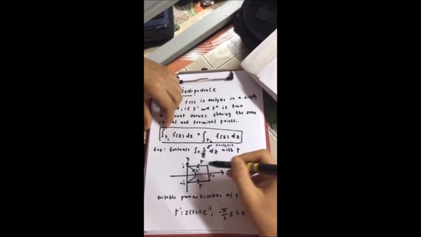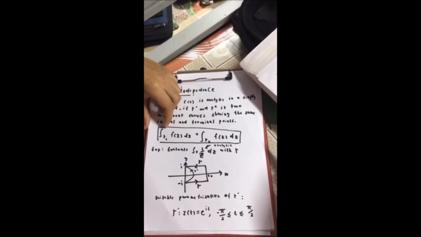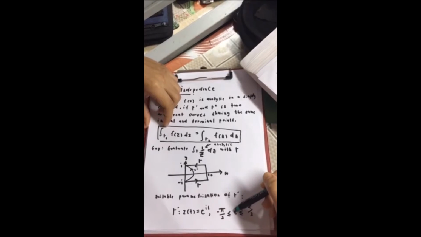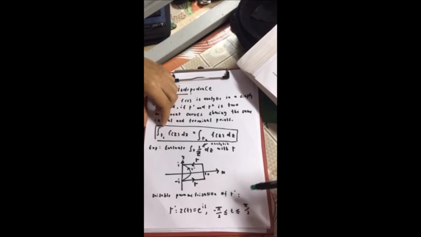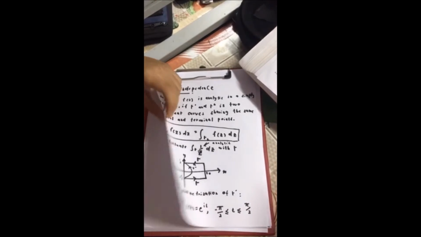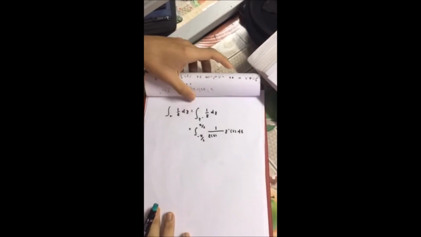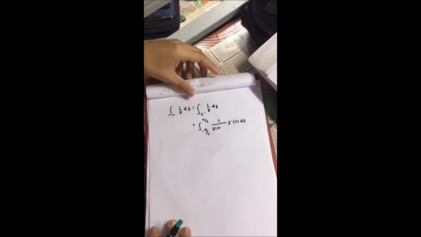From the much simpler looking curve R bar, we get t less than or equal to pi over 2 and greater than or equal to negative pi over 2. From that, we can get the solution for the path independence.